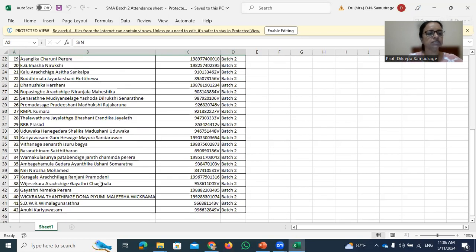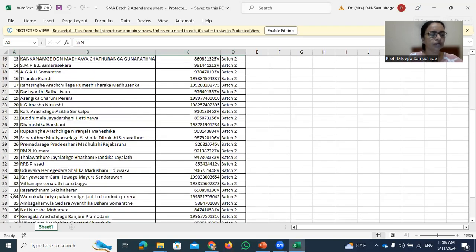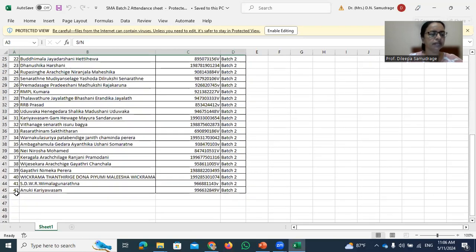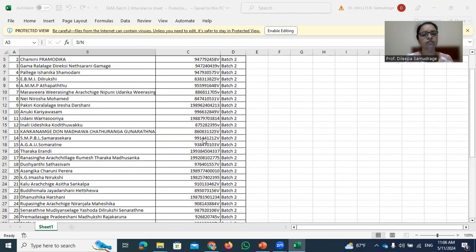This is group number 2. There are 42 students. Can you see the student list? Okay, so please answer without putting messages.